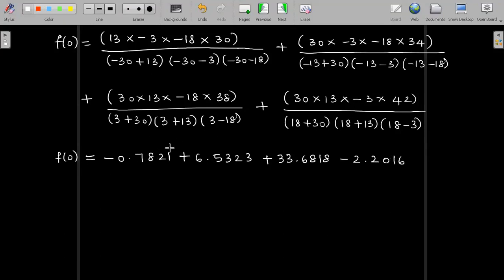Each term I have evaluated separately, rounding off to 4 decimal places, and hence the x value at y equal to 0, f of 0, is approximately equal to 37.2304.